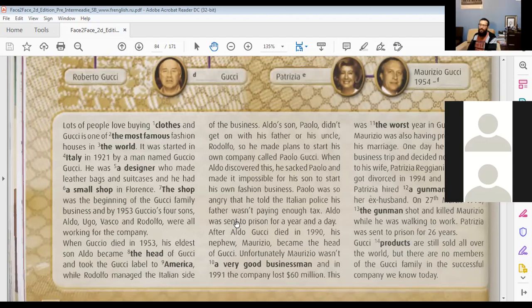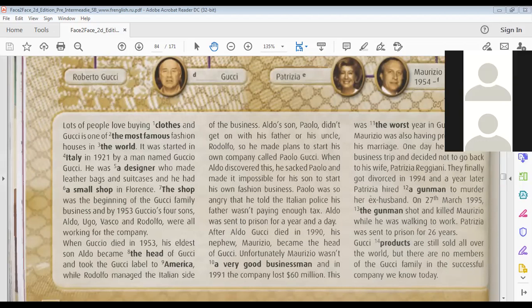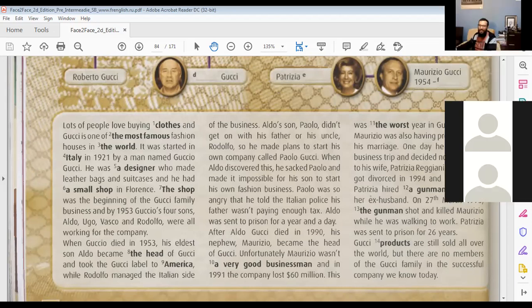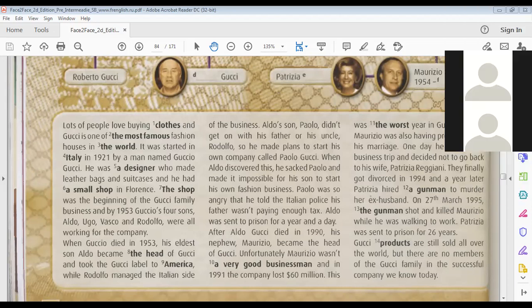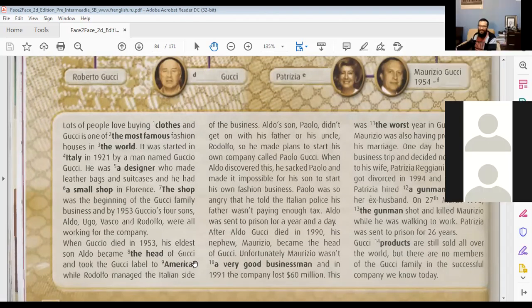What do you think of this? Is it a nice thing to do to your ex-husband? No. But who would hire a gunman to kill their ex-husband? Would any of you do this? No. My question is a joke.